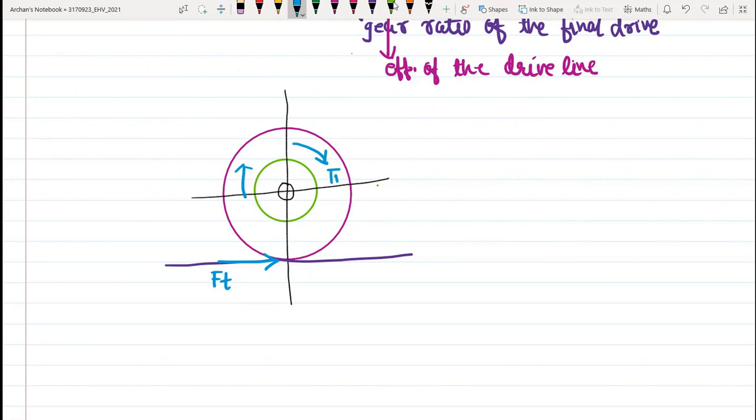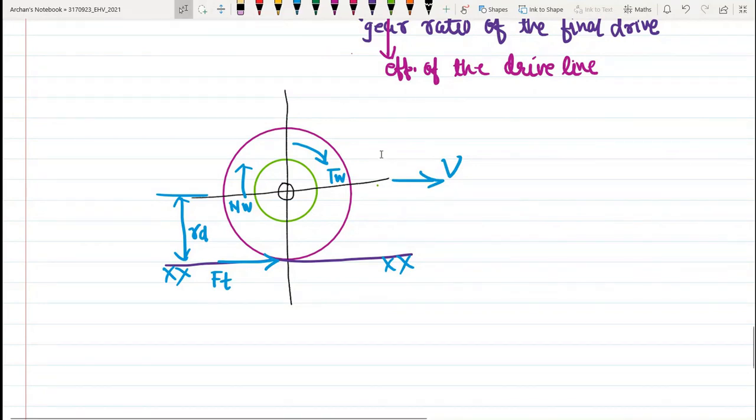So this will be Tw, this will be Nw, this is my radius Rd, and this is velocity v. This represents the road. So this shows the tractive effort and the torque on a driven wheel, right?